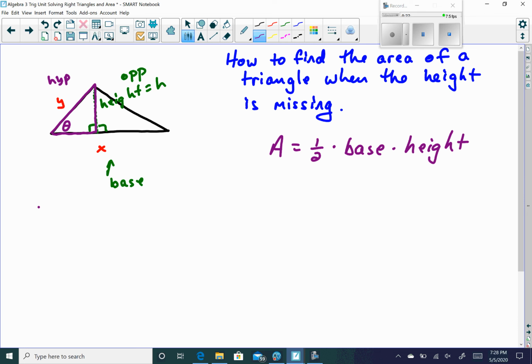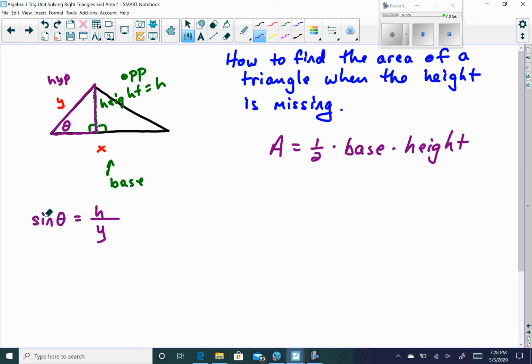So in this case, the height of this triangle, I'm going to use a trig function. It's going to be sine of theta. Actually, let me write it this way. If I were to write out sine of theta, because I have opposite and hypotenuse, sine of theta is going to equal h over the side that's y. So I need to solve this for h.